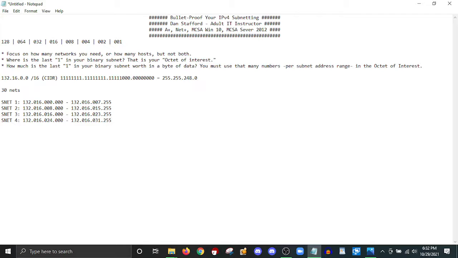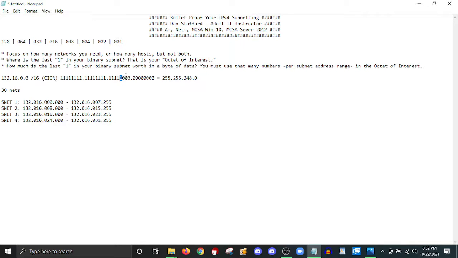All right. And as you can see, in each subnet address range I got 8 different numbers total. 0 through 7 is 8 numbers. 8 through 15 is 8 different numbers. 16 through 23 is 8 different numbers. 24 through 31 is 8 different numbers.